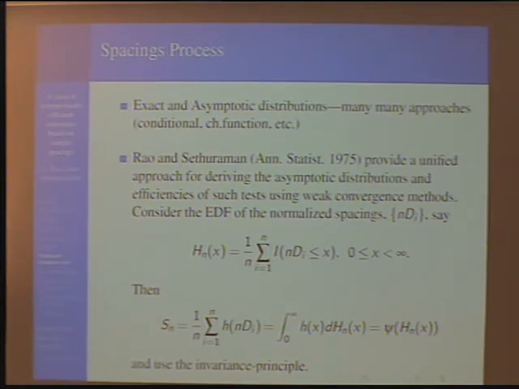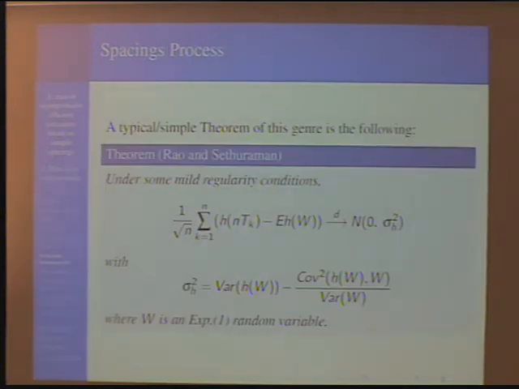And then you might be able to get the distributions of any of these statistics using this approach, using the empirical distribution function of the normalized spacings. And here is a typical result. If we take uniform spacings, that theorem says that the average of h of n T k minus the expected value of h of W. What is our W? W is our exponential one random variable, the simplest variable that you can think of.